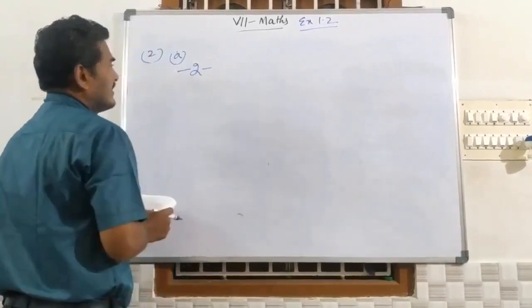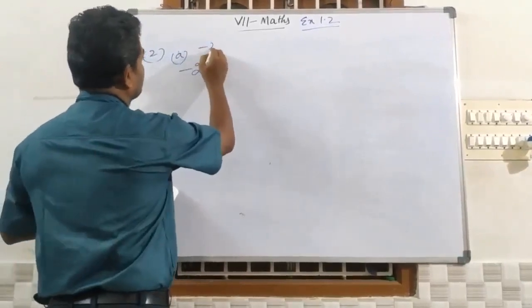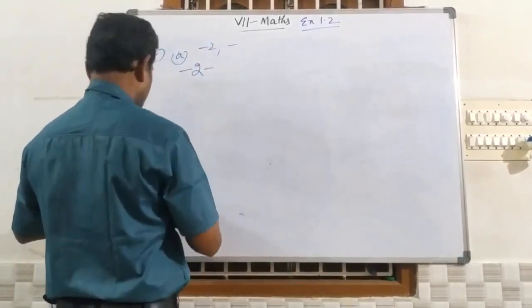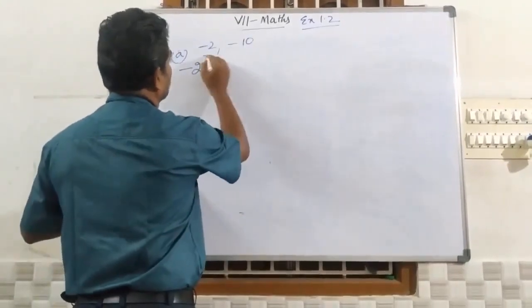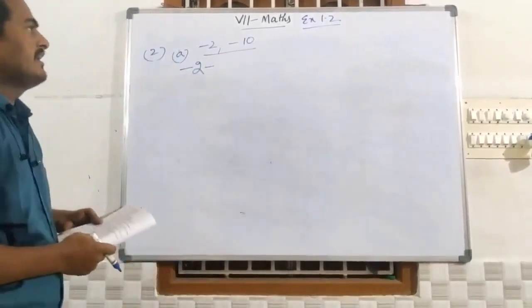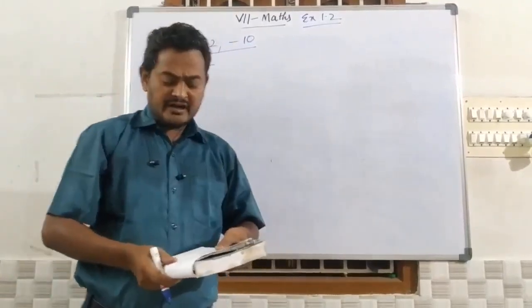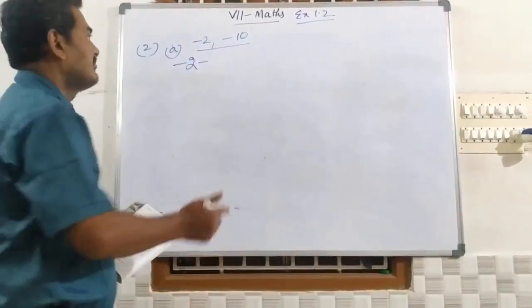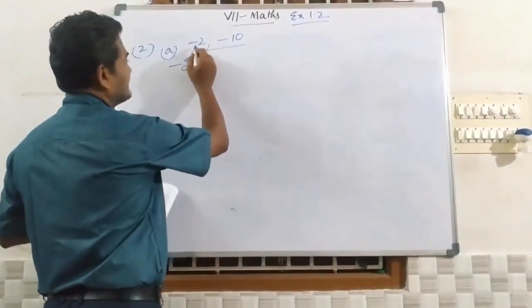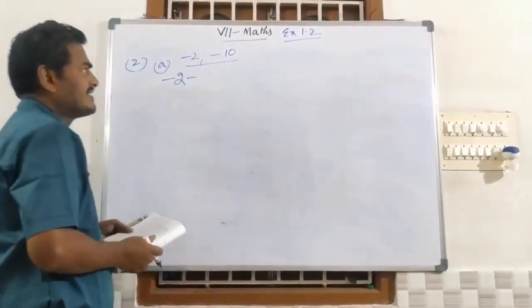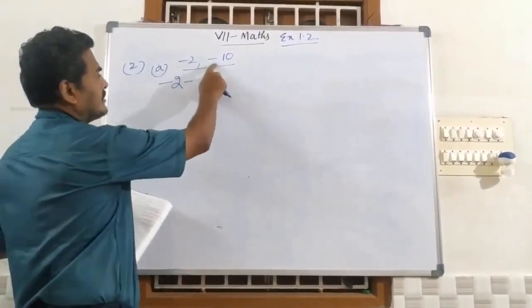I am taking two numbers, minus 2 and minus 10. Because in this question they are asking for a pair of negative integers, and I have taken two negative integers, minus 2 and minus 10, both are negative.